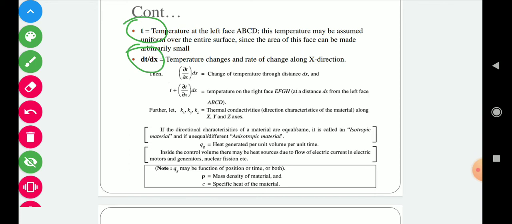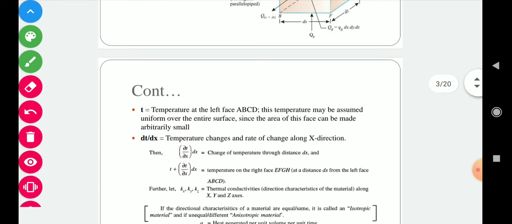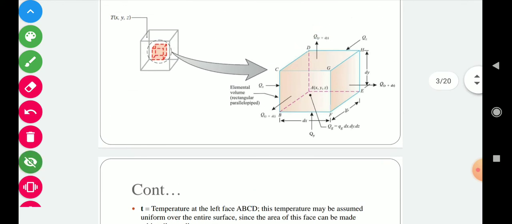So dT by dx is the temperature gradient, and we multiply this by the length along the x direction, which is dx. For this control volume, this length is dx.